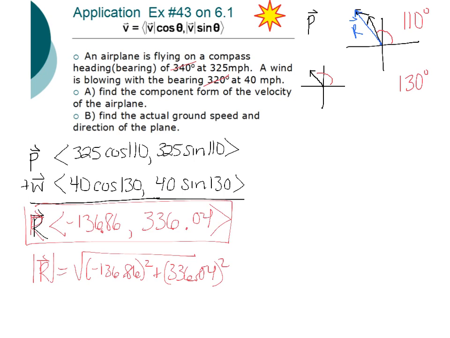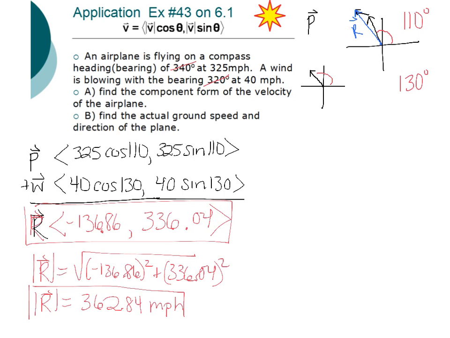Let me type that in. So I square root that, and the magnitude of my resultant is 362.84. Now that's a magnitude, that's in miles per hour.